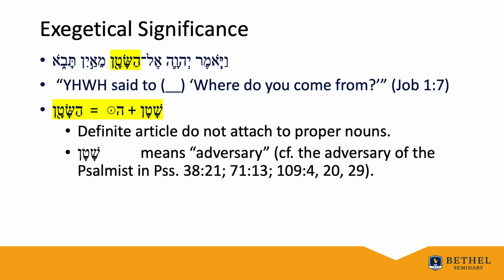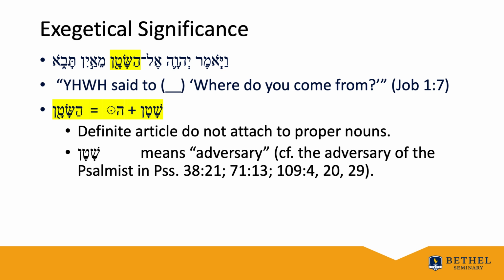These are all what we consider proper nouns. If you study Hebrew and read carefully, you'll find out that definite articles are never attached directly to these proper nouns. So, if you look at the passage again, you see that here the Lord is speaking to ha-satan, the Satan.